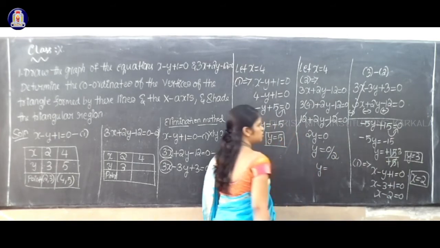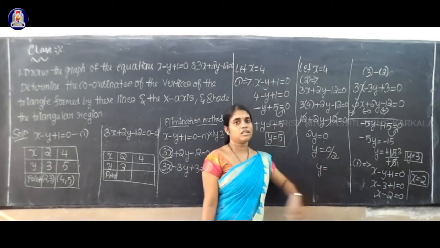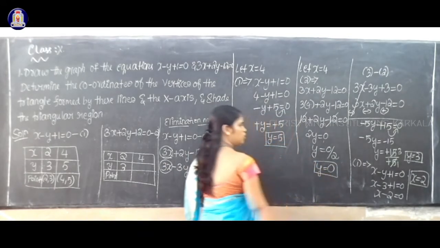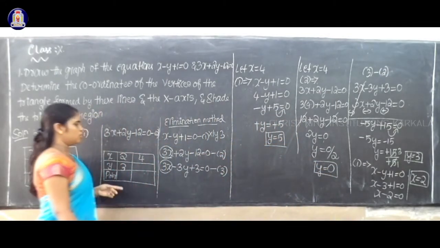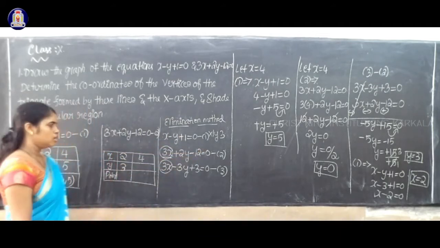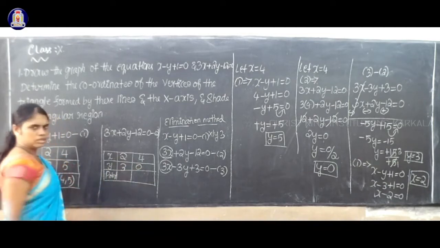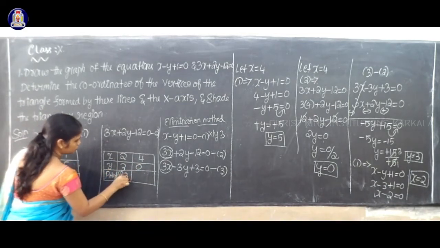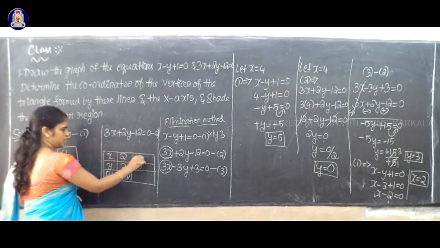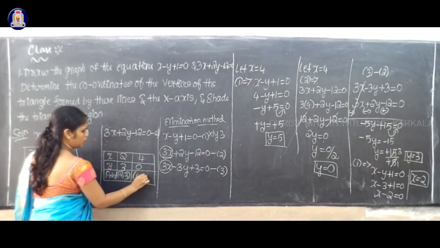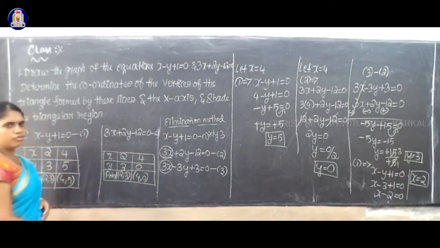If you have 0 in the numerator, 0 by 2 is 0 itself. So if x is equal to 4, then the value of y is 0. Now the points: the first point is 2, 3 and the second point is x equal to 4, y equal to 0, so the second point is 4, 0.